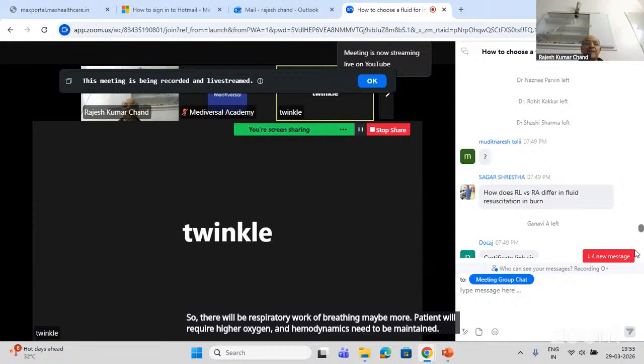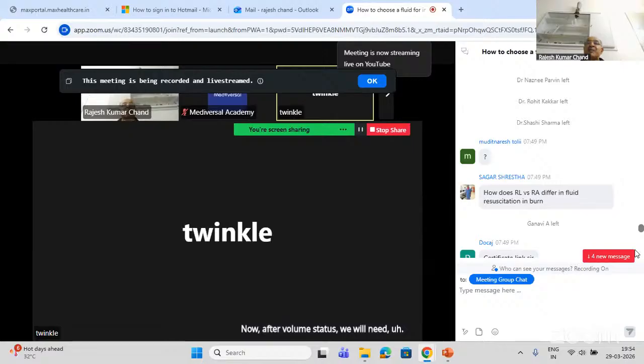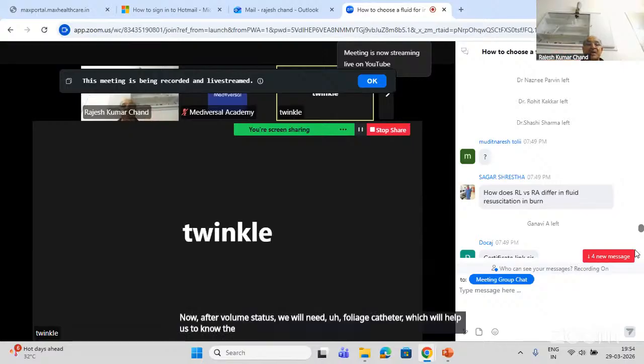For this, we will need at least central venous pressure monitoring, if not arterial pressure monitoring, because that will help us to know the volume status of the patient. After volume status, we will need a Foley's catheter, which will help us to know the urine status of the patient.